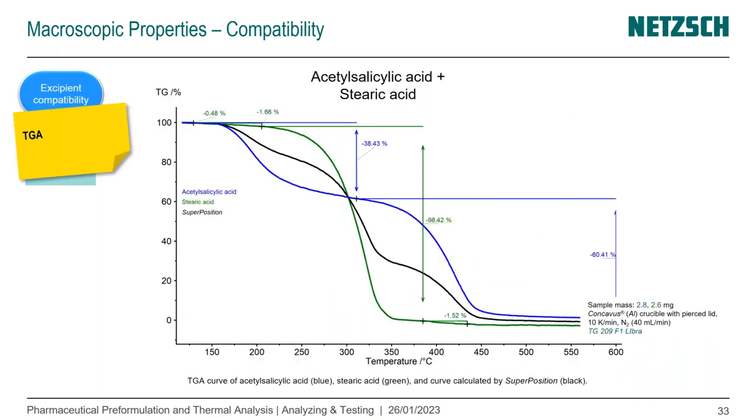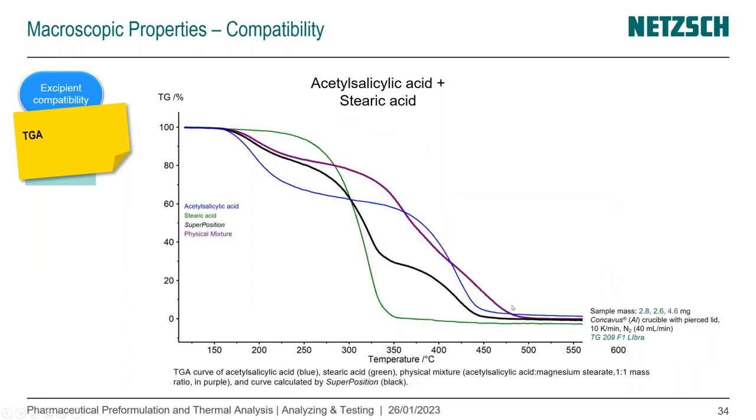The TGA can also be used for the same application, for excipient compatibility. And here again, we have in blue the acetylsalicylic acid, as we have seen before. The stearic acid here, it's not magnesium stearate anymore. And here, the superposition, the calculated curve, how it should be. So it's a composition of both curves.